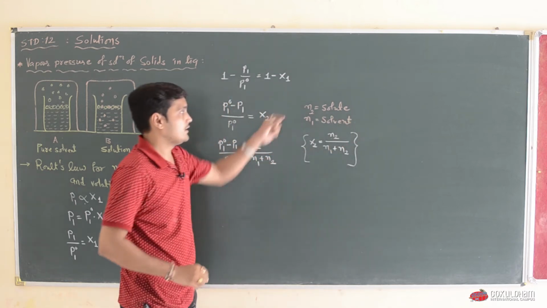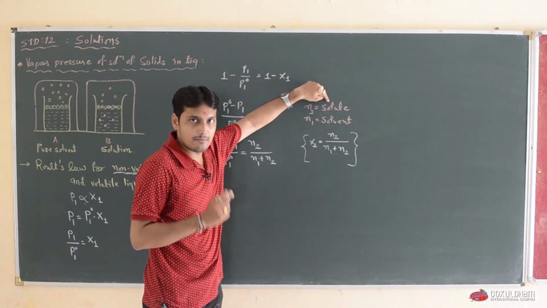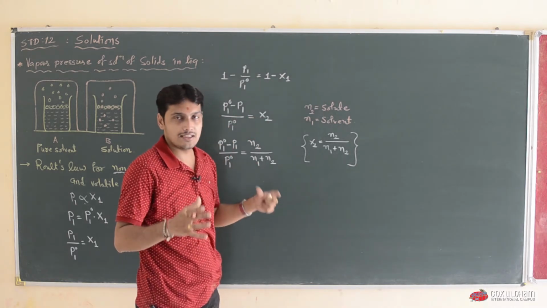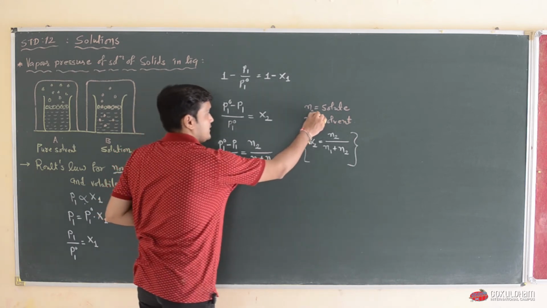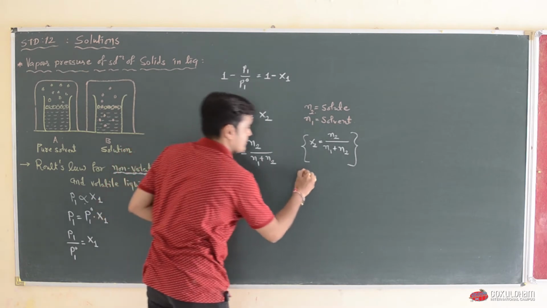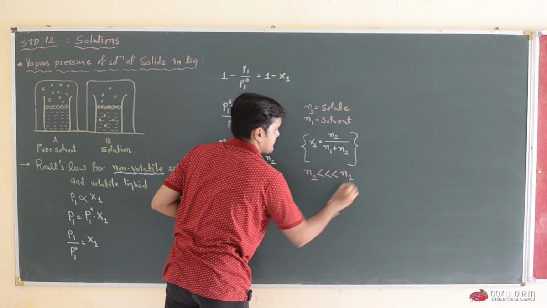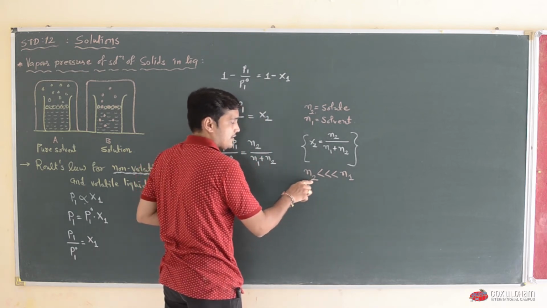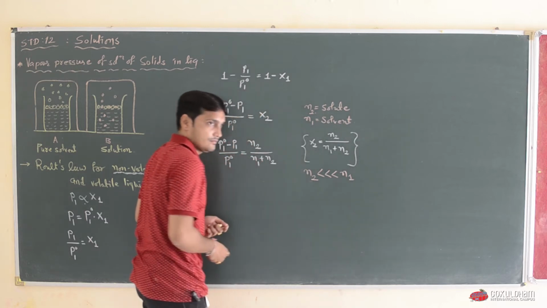We know that solute quantity is in a very small amount in solution and the solvent is present in a large amount. So this n2 is very much less than n1. Solute particles are very few in comparison with solvent particles.